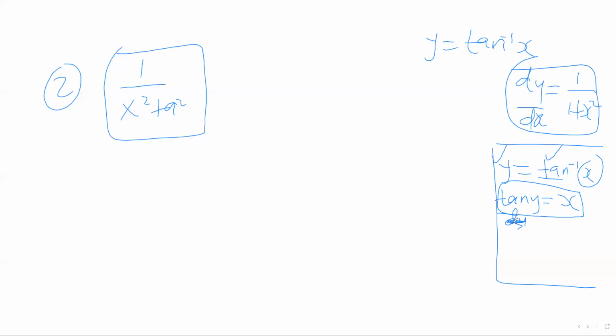So this form uses the concepts we use in differentiating inverses of trigonometric functions. So what does it say?